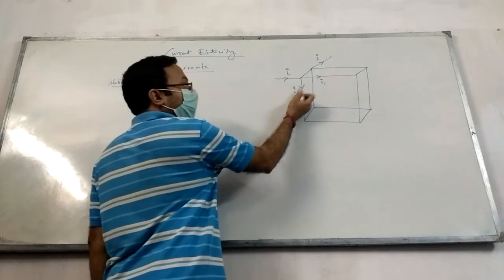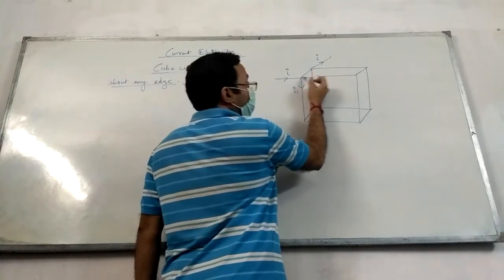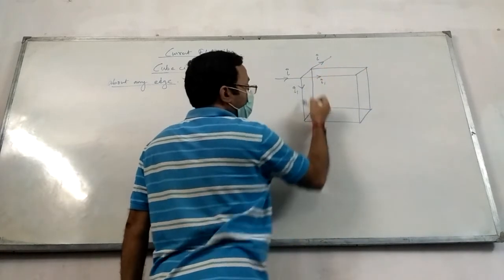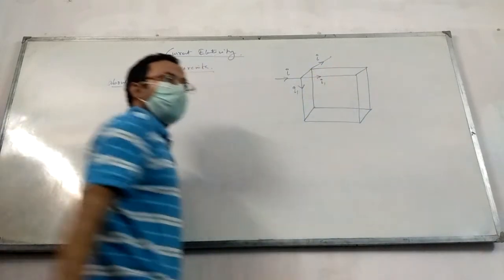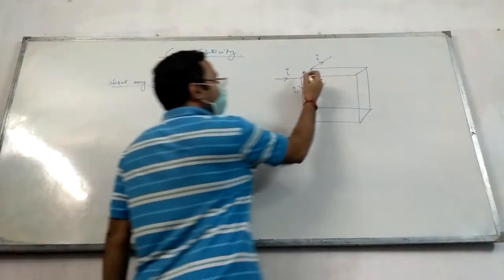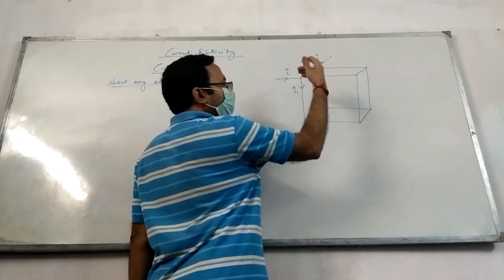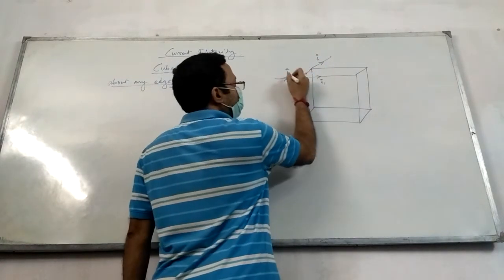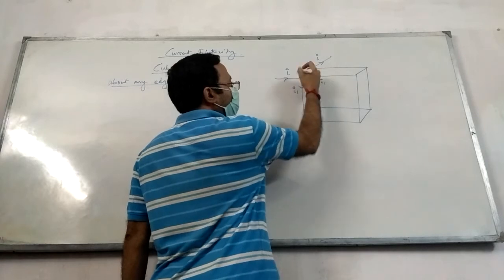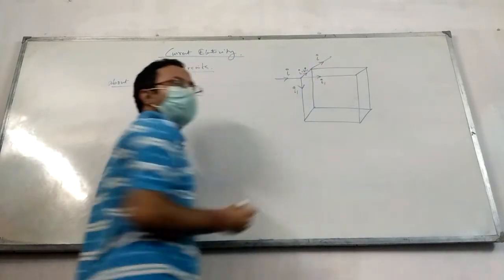So that's why I've taken I1 and I1. थोड़ा ध्यान से देखो, थोड़ा carefully. ये वाला path और ये वाला path दोनों identical. So we are considering both are divided to I1 and I1. Obviously, this part of current will be different, but let's not increase the number of variables. Let's keep it less. So ये I घुसा है, I1 निकल रहा है. This will be I minus 2I1, right?